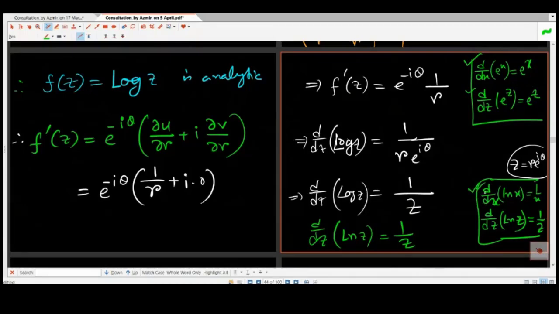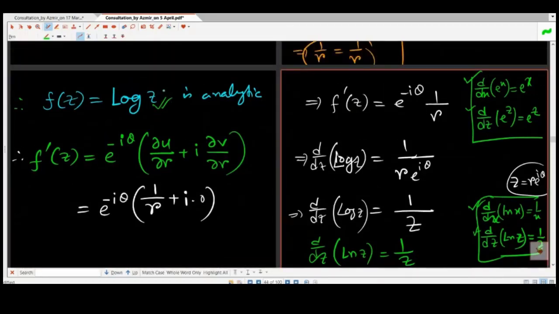We have learned in differential calculus that d/dx of natural log of x is 1 over x. Similarly, now we have learned that d/dz of natural log of z is 1 over z. But the proof is different. If we have to prove d/dz of natural log of z is 1 over z, then at first we have to show this function to be analytic.